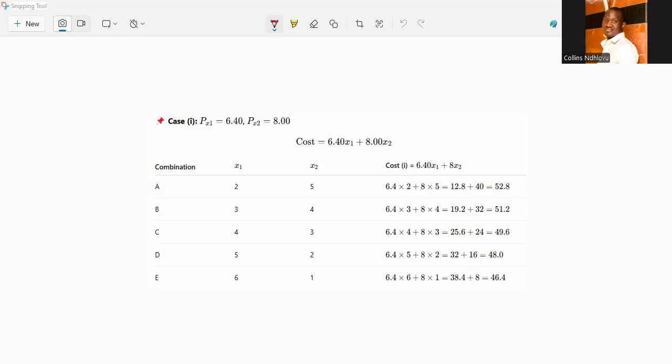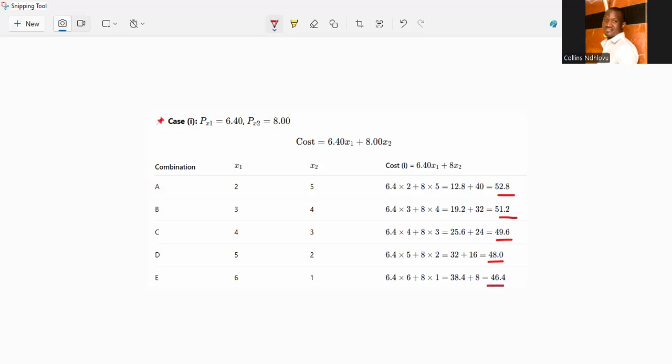For x1 and x2, when we fit in these values, if we put a 2 here and a 5 here, we get 52. At point B, we get the coordinates 3, 4, we fit them in there, and we get 51 here, 49 here, 48 here, 46.